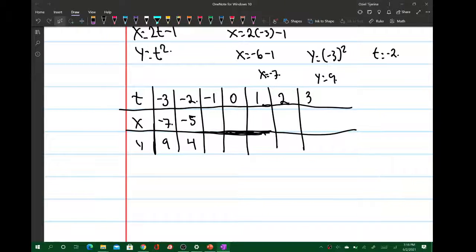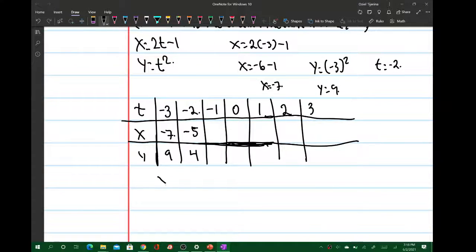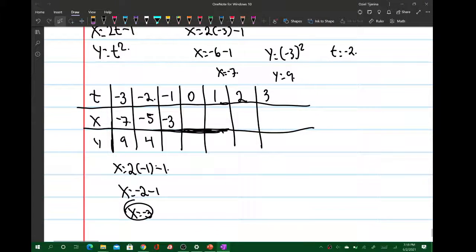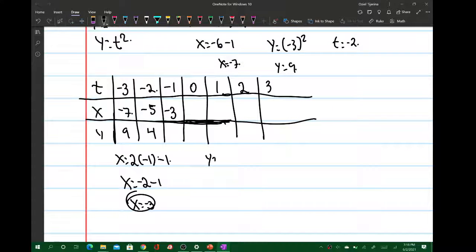So if t equals -1, x will be 2 times -1 minus 1. That's x equals -2 minus 1, x equals -3. So I'm going to put -3 right here. And when y equals t squared, when t equals -1, y equals -1 quantity squared. So that's going to be y equals 1. So I'm going to put it right here.